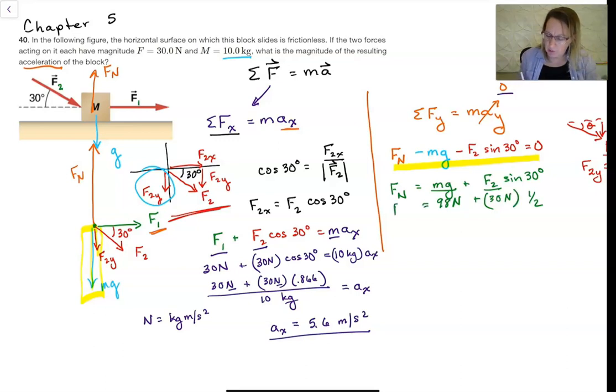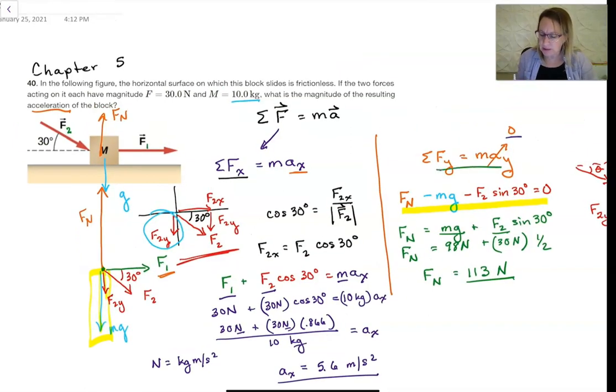My normal force in this case is equal to 113 newtons. So it's bigger than 98 by 15, obviously. The point here is that your normal force is not always equal to your weight, and sometimes you just have to do F equals ma to figure that out. Again, this question didn't ask for it, but an extension could be: what's the normal force?